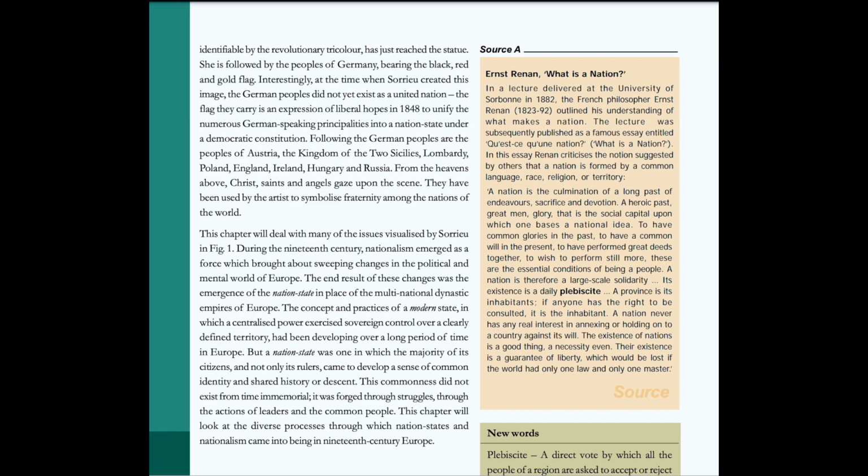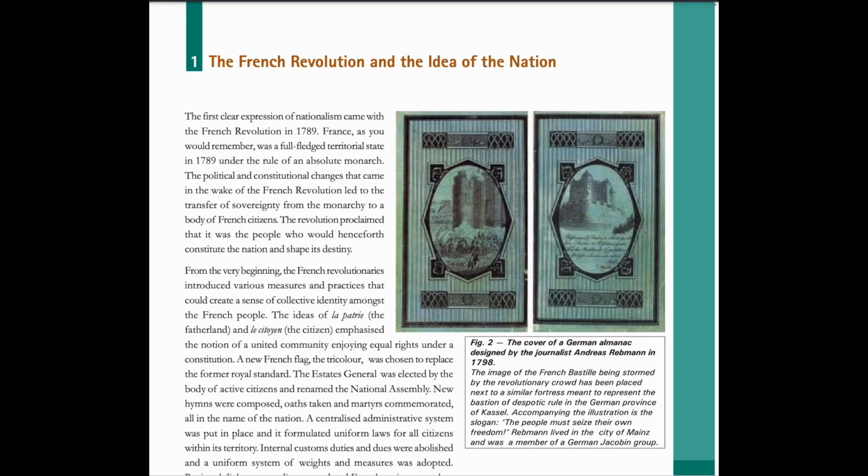It was forged through struggles, through the actions of leaders and the common people. This chapter will look at the diverse processes through which nation states and nationalism came into being in 19th century Europe. First, the French Revolution and the idea of the nation.